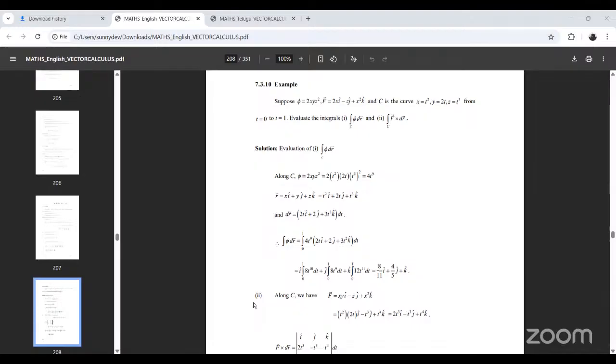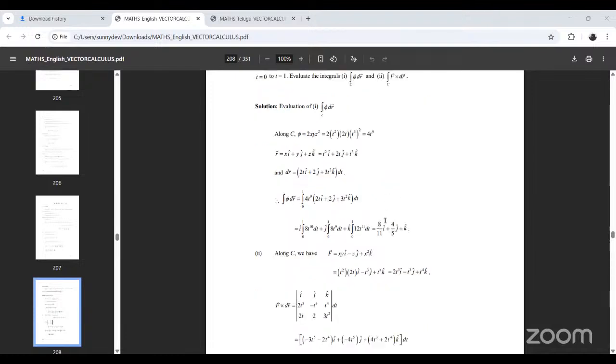Okay, now we have to do that integration with respect to t, and we are getting this.